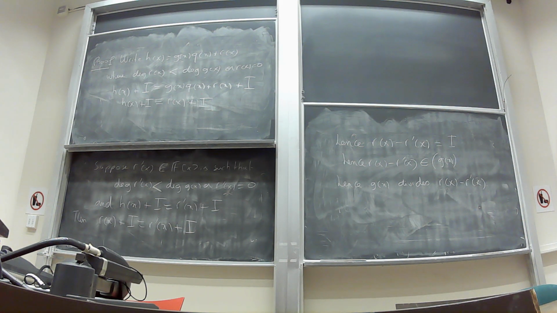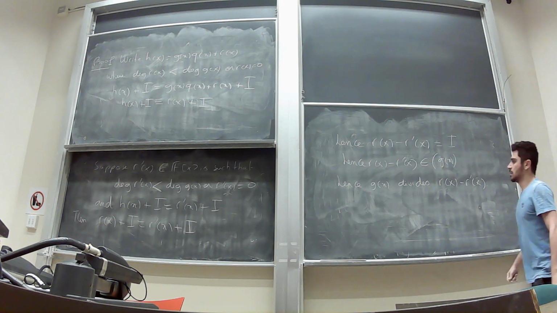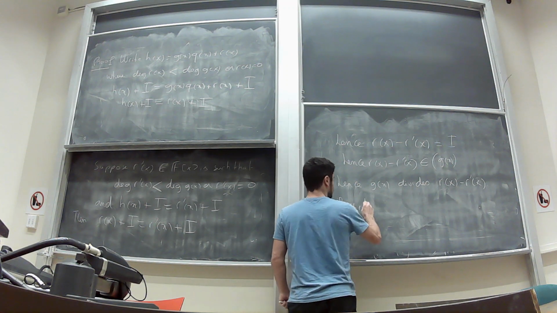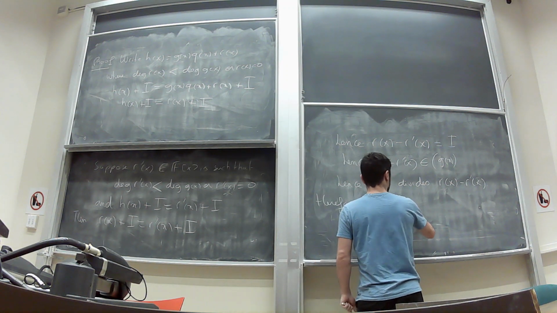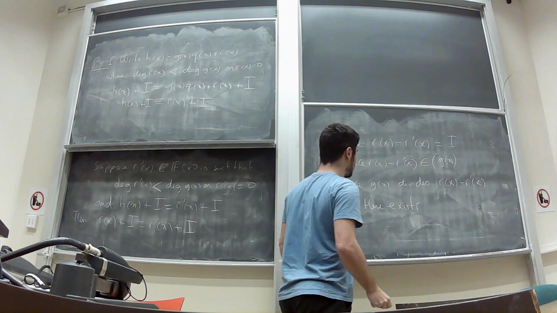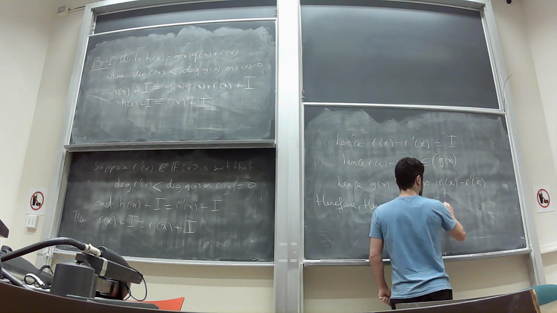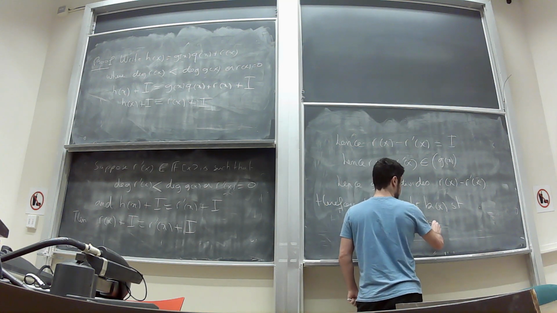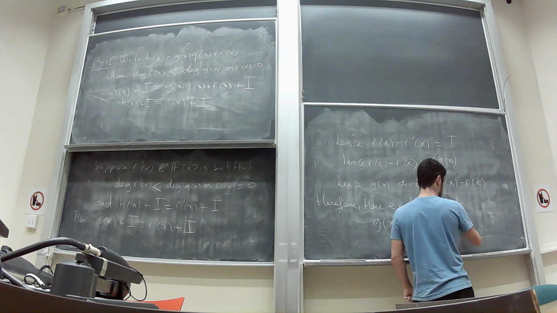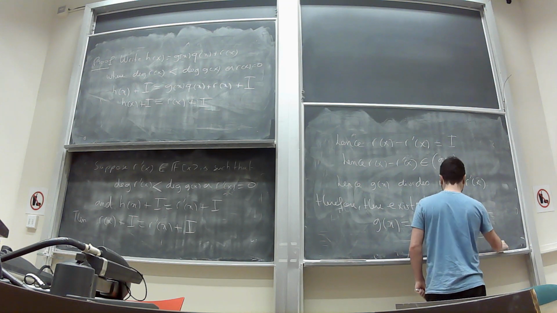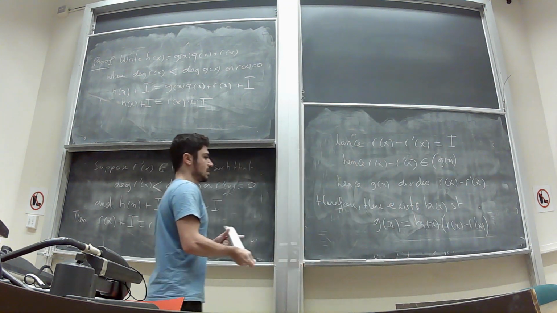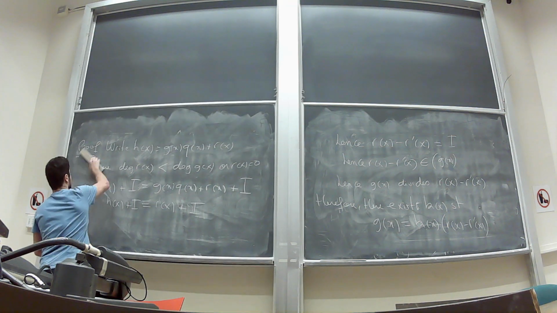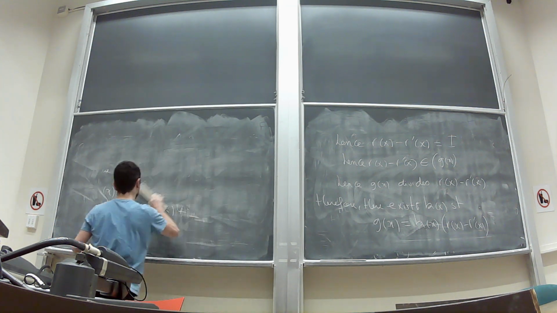No. Therefore, there exists, what letter do you want to use? k(x), let's say, such that r(x) minus r'(x) is k(x) times g(x). Now, the degree of r minus r' is strictly less than the degree of g, right? This is clear.